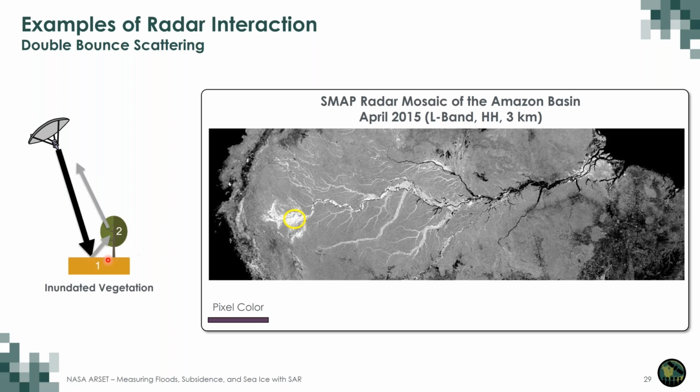If that surface is a water surface, we have very strong forward scattering on this water surface, the forward scattered signal will then bounce off of tree stems in neighboring trees, and from there will be sent back to the radar. So we get a very strong double bounce effect that makes these inundated vegetation features very bright. And we'll see later that these very bright features in rainforests, in other vegetation covers, can be used to understand the amount of inundated vegetation in an area.